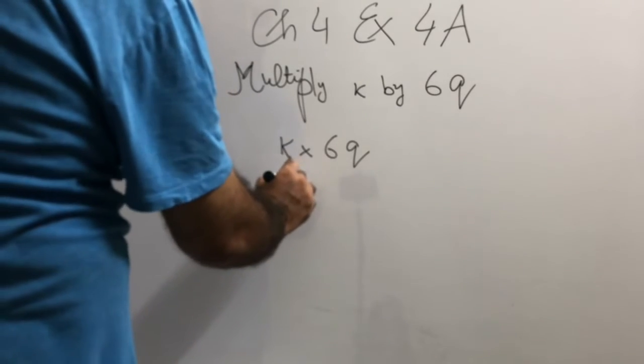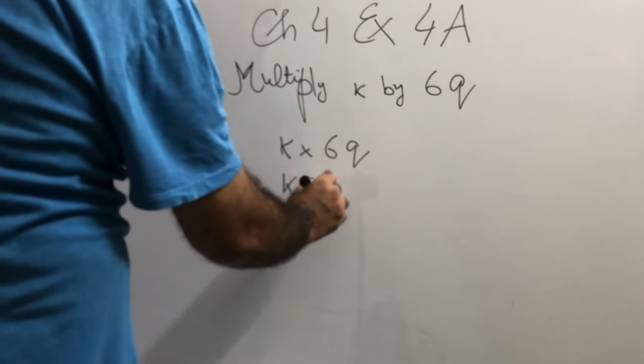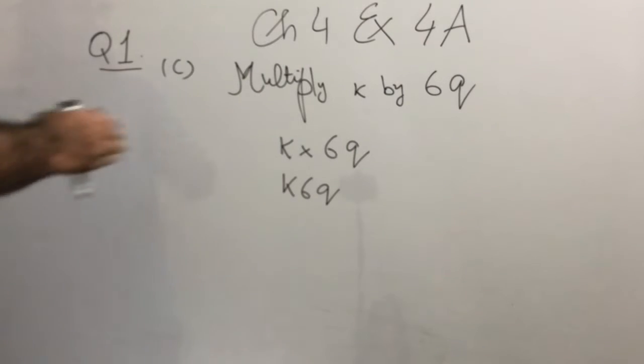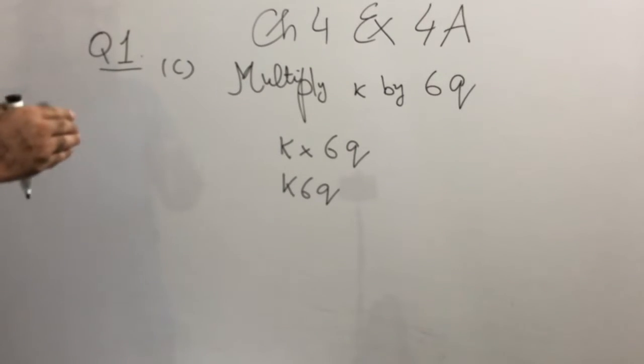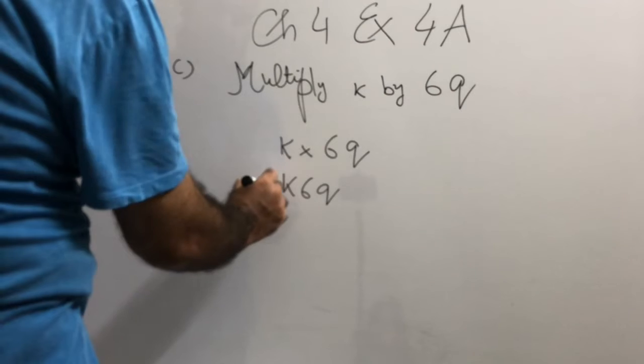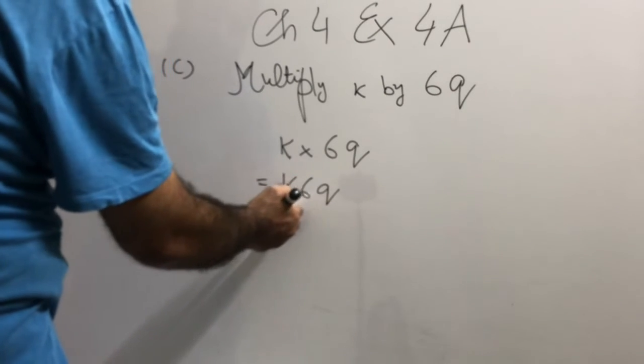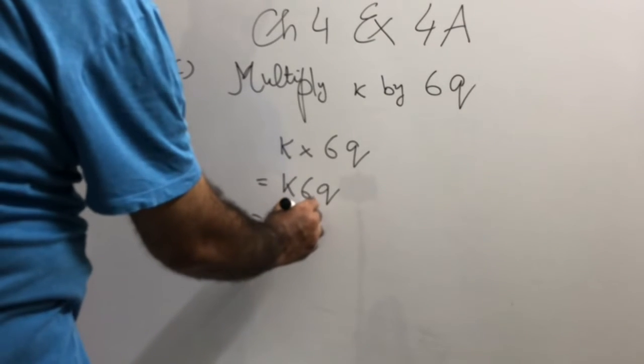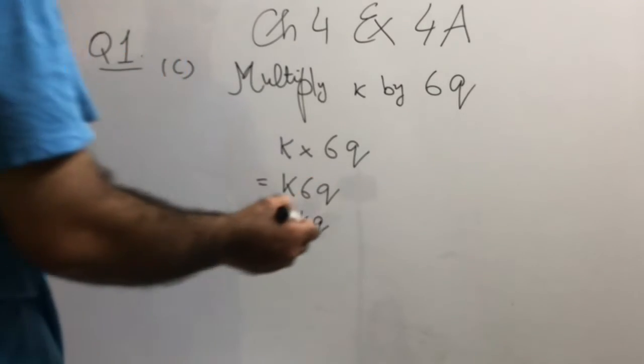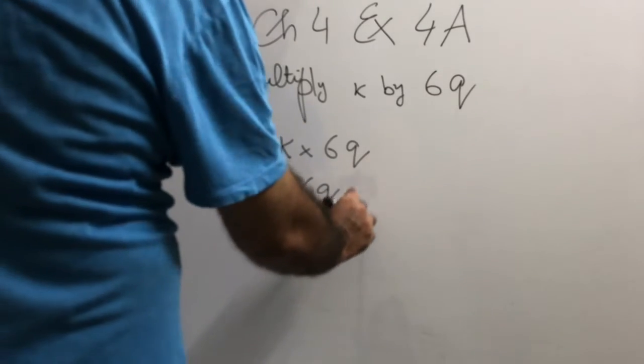If we write k 6q, it means all three are being multiplied with each other. So this is also the answer, but if we write 6 in the beginning and write kq, it is the same. This is the answer.